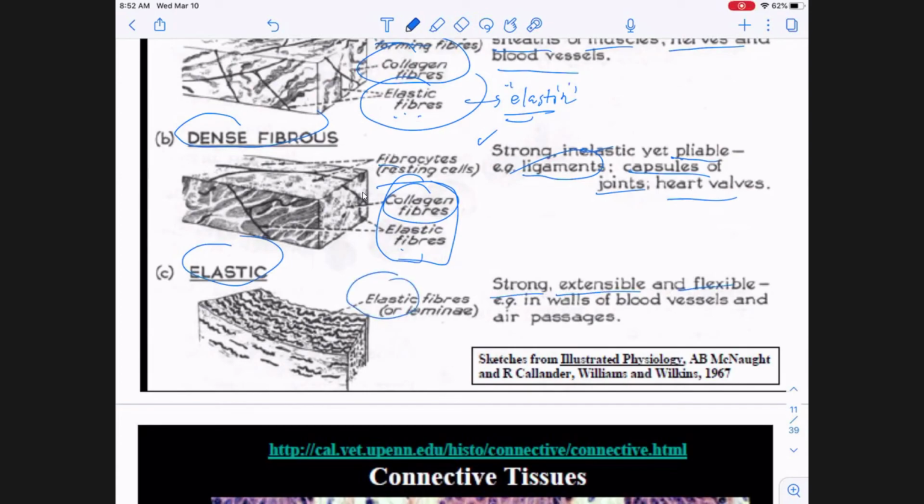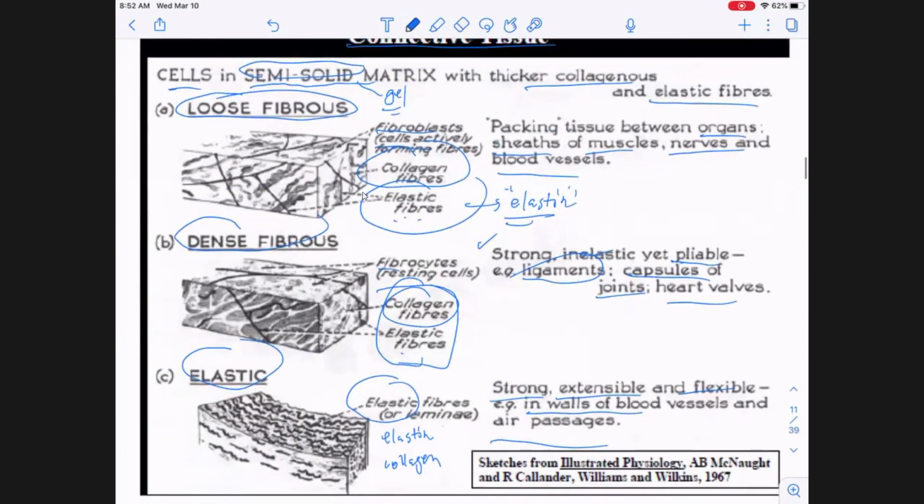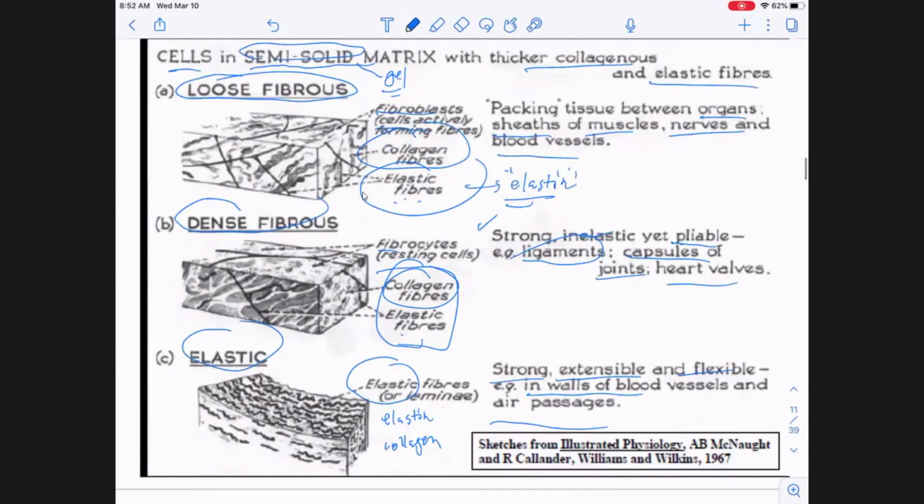So the basic compounds are elastic fiber, elastic materials, elastin, collagen. So it involves blood vessels and the air passages in the lung, right? Bronchial structures. That is elastic connective tissue.